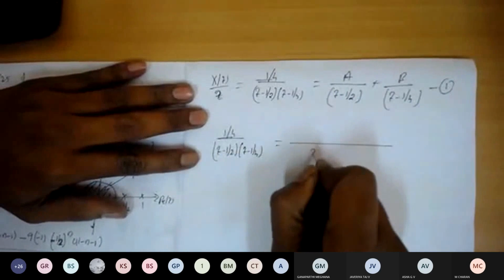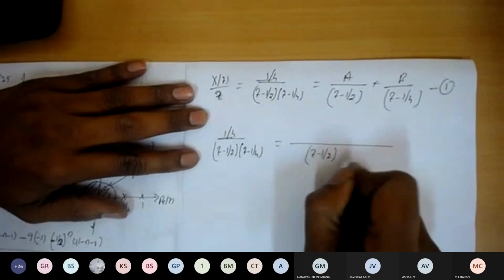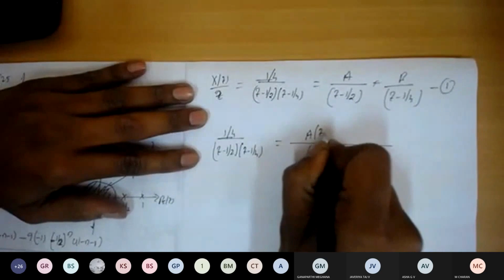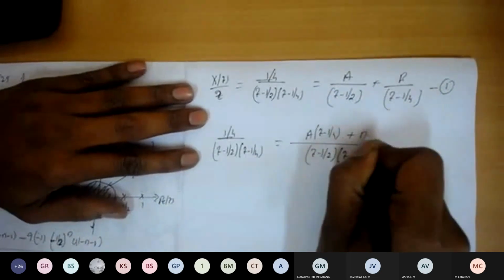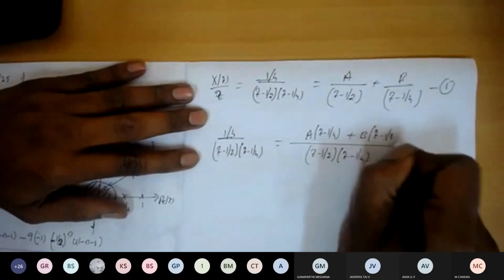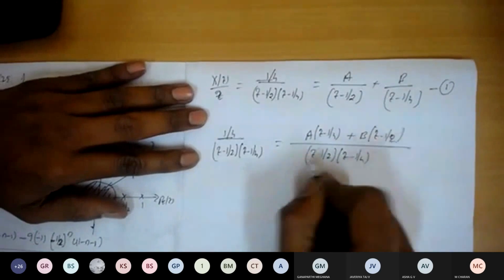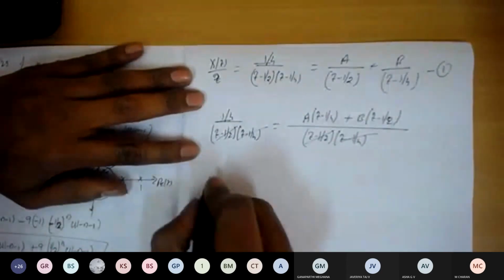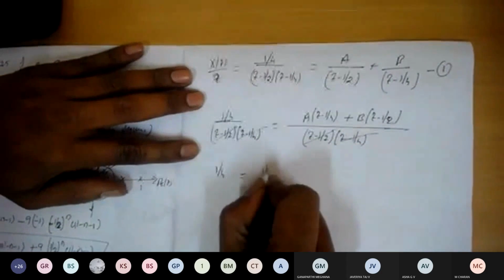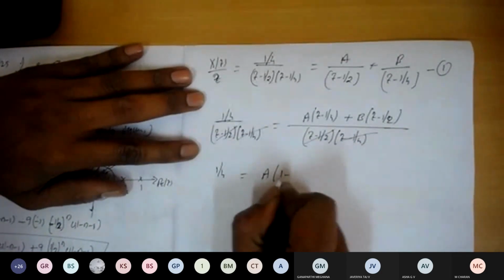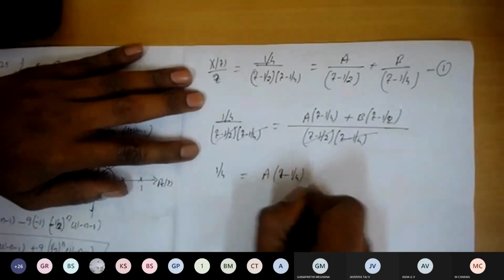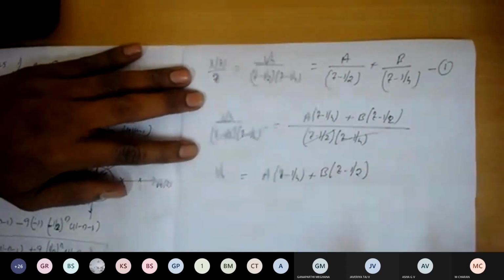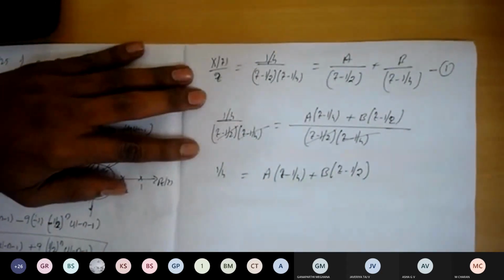If we take the LCM, it becomes z minus 1 by 2 into z minus 1 by 4. So a multiplied by z minus 1 by 4 plus b multiplied by z minus 1 by 2. So these denominators we can cancel.